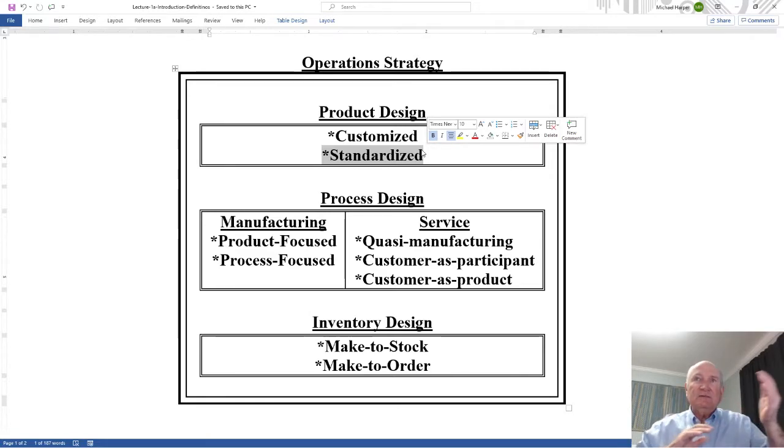But customization and standardization can also be together in the same product or in the same service. A good example of that is the computer industry with Dell computers. If you want to purchase a laptop, or let's say a computer system, you say, I want to customize because I want this CPU, this monitor, this keyboard, this storage, this memory. So you can list it all.